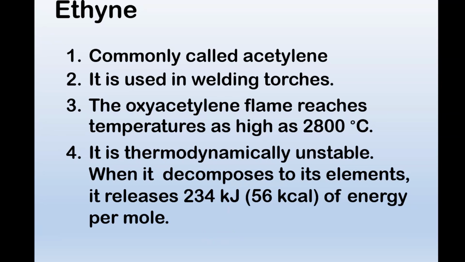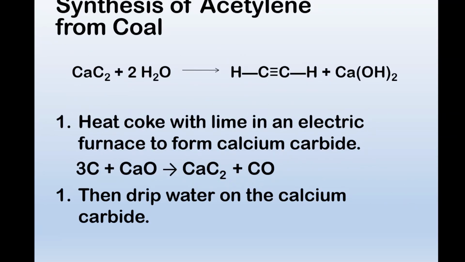Where do we get acetylene or ethyne? Well, it says here we can heat coke with lime in an electric furnace to form calcium carbide. When I made this slide, I decided to add this chemical equation here so you wouldn't think I was talking about freebasing.